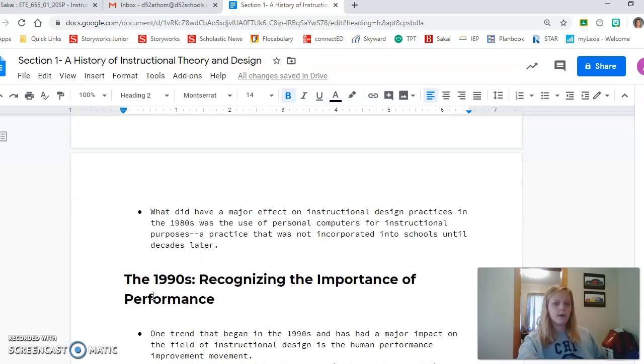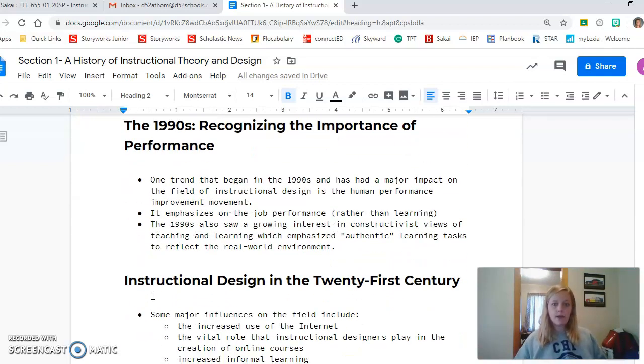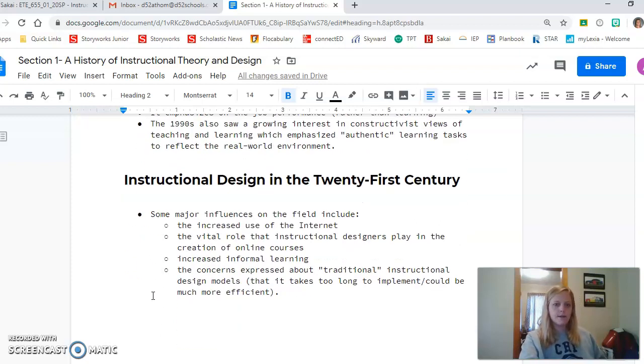In the 1990s, one trend that began was the impact on human performance. It emphasized on-the-job performance rather than learning, and it emphasized more authentic learning tasks.